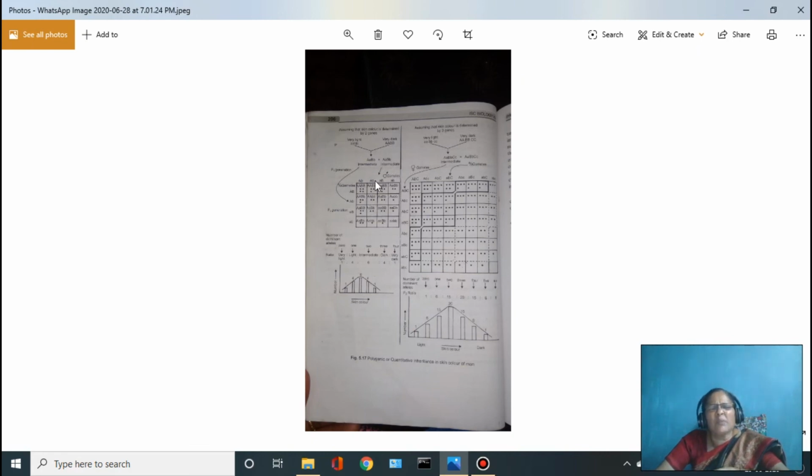This combination is not needed, only this one is essential. It is important for the exam also. It is a big description related to polygenic inheritance.